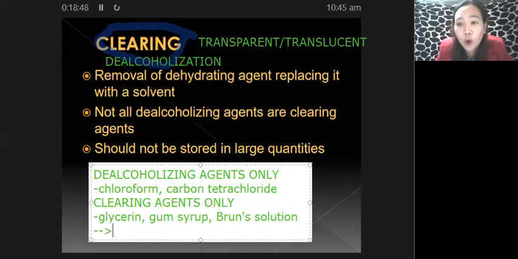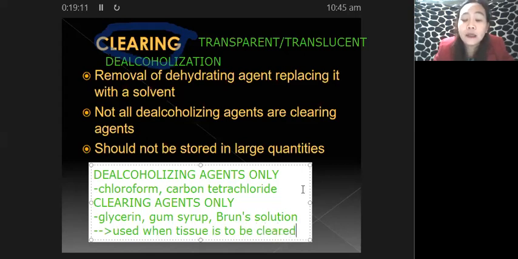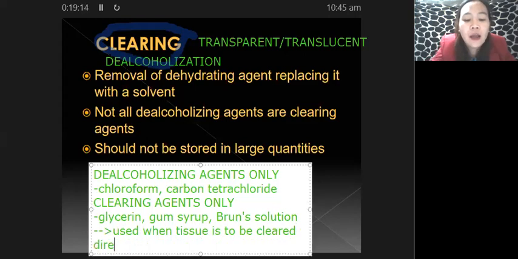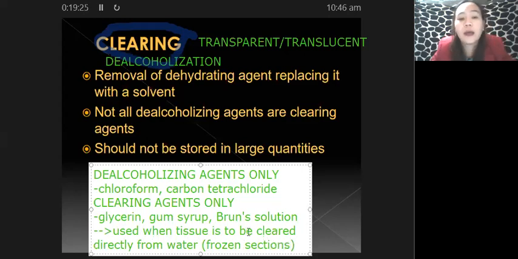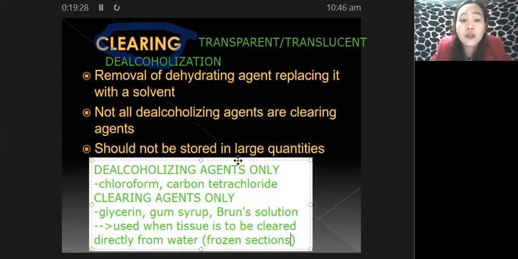So the processing that you are performing should not involve the use of alcohols. Basically, these three reagents are used when tissue is to be cleared directly from water, such as in the preparation of your frozen sections. So I repeat, clearing agents only.